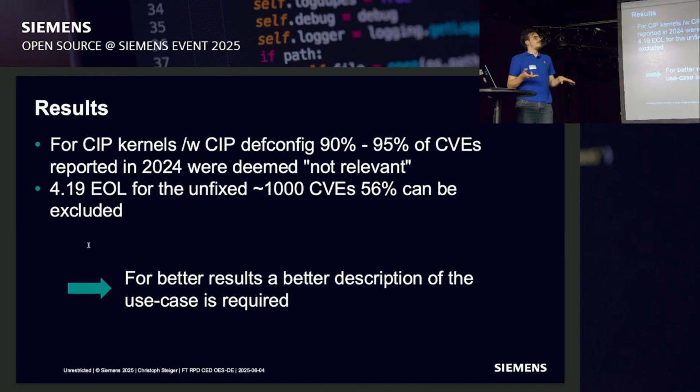It's not possible in the tooling yet to provide this kind of information, but if we could get this information somehow in the tool and also have similar information in the CVEs to match it, it would probably be possible to exclude even more. But yeah, this is an area of improvement. I think now it's good enough to show here, but we can always do better.